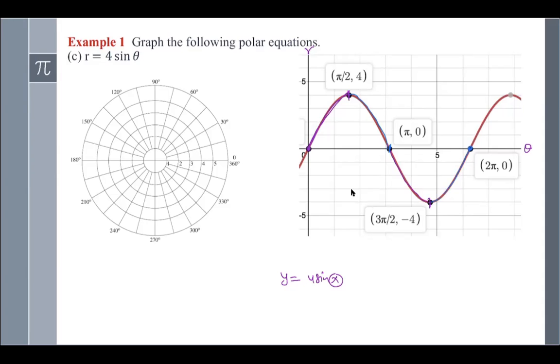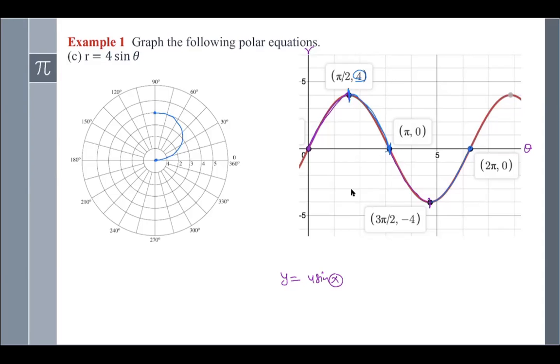So at 0, the radius is 0. Now the radius increases, and at pi over 2, or 90 degrees, the radius becomes 4. We'll guess that it's going to look something like this. Then from pi over 2 to pi, the radius decreases and eventually gets to 0.